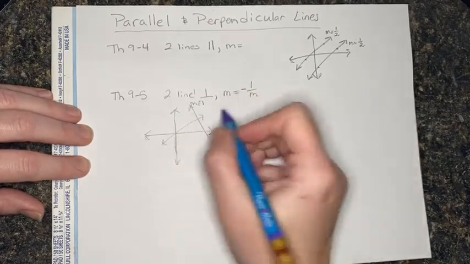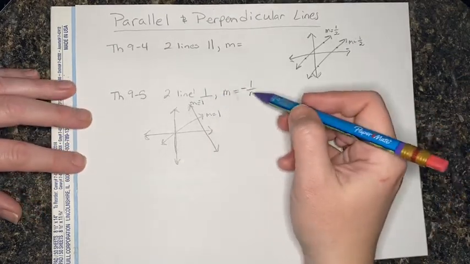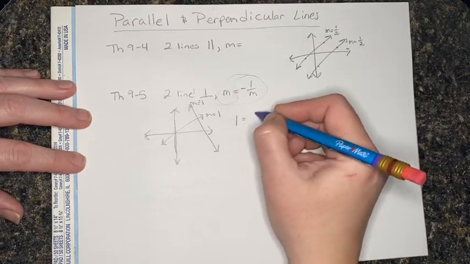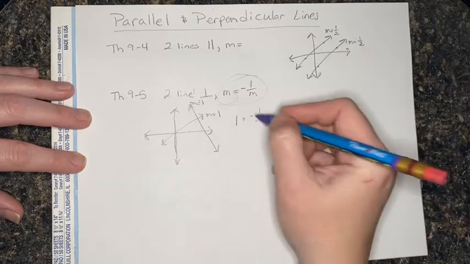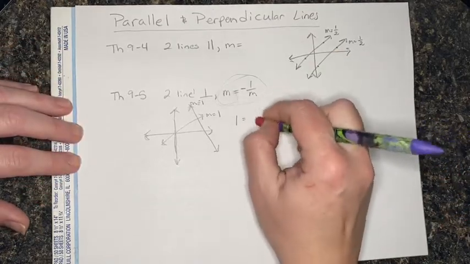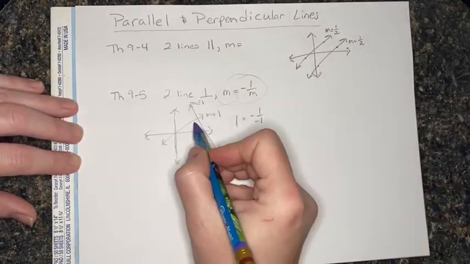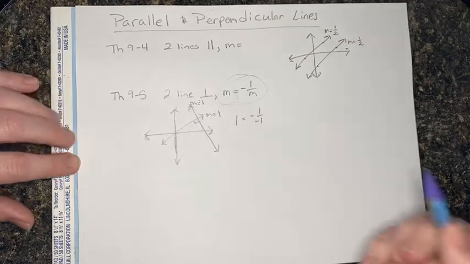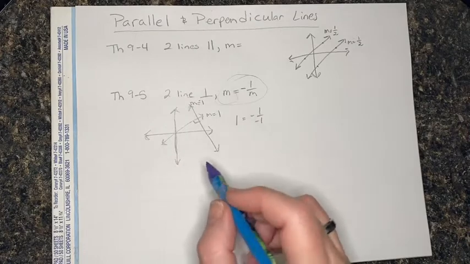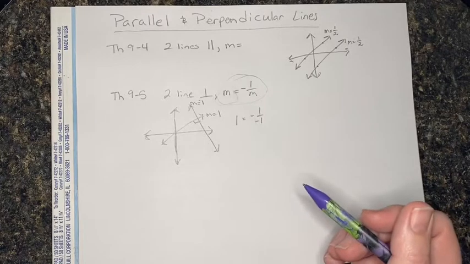The slope of this line was 1. 1 and -1 fill this criteria. 1 is equal to the negative of -1. They end up being equal. It's a negative reciprocal. So therefore, these lines are perpendicular to each other. They form a 90-degree angle. And in the case of that problem we just talked about, it was actually a right triangle that they were forming, because we were working with a triangle.